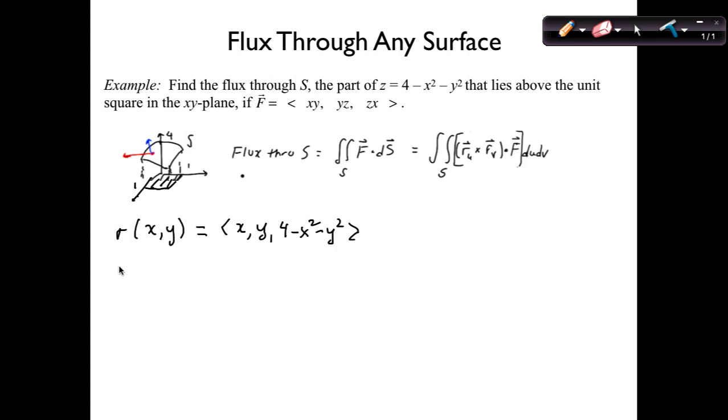But one choice is better than the other here. So think about this. In the end, if we do x and y, we're going to be doing a double integral with respect to x and y. If we do r and theta, we're going to be doing a double integral with respect to r and theta in the end. So thinking about the double integral that we'll have to calculate, one choice is clearly better than the other.